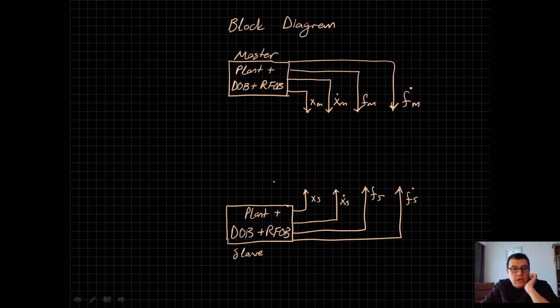Okay, so what we do is to create errors. Let's write it here. Here we have X master minus X slave, right? So let me erase this and this also. Let me try to express it this way. Perfect.